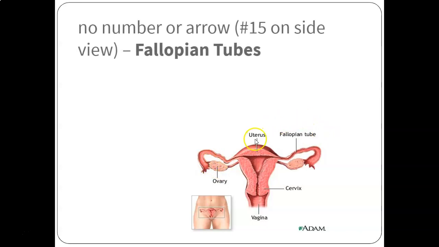Fallopian tubes are these passageways right here and right here, and that's where the egg travels from the ovary. It gets sucked up into this fallopian tube, and it takes 4 or 5 days for it to travel down this tube to get to the uterus.